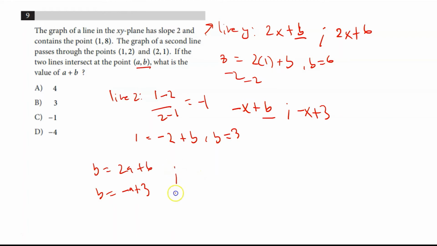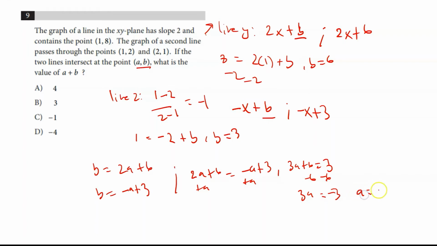So 2a plus 6 equals negative a plus 3. Solving, add a to both sides: 3a plus 6 equals 3. Subtracting 6 from both sides: 3a equals negative 3. That means a equals negative 1.